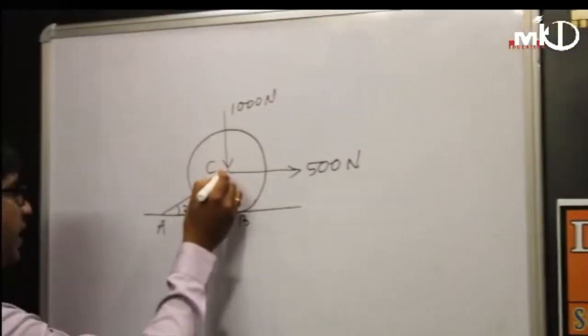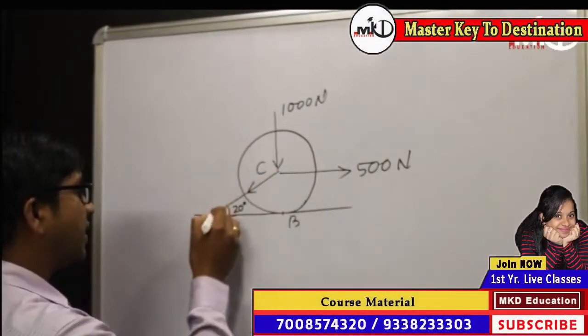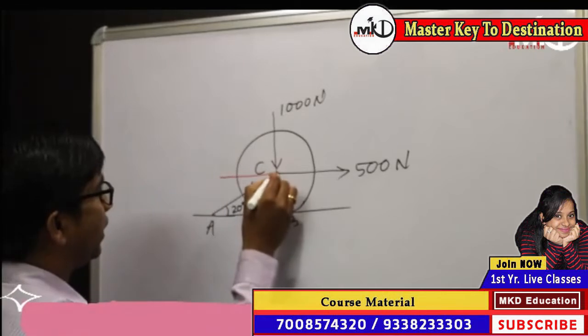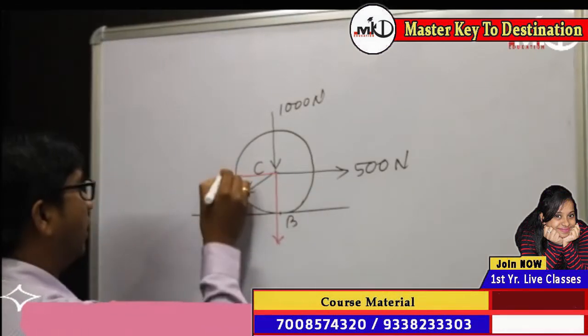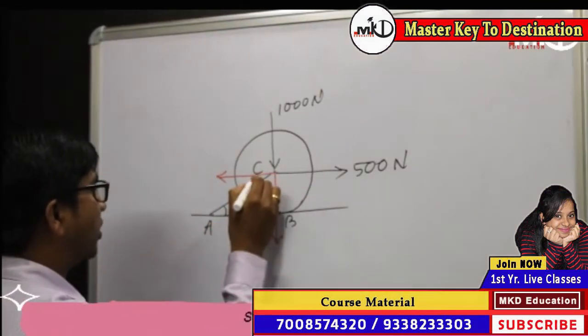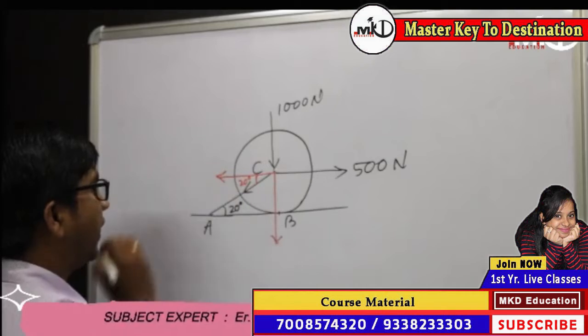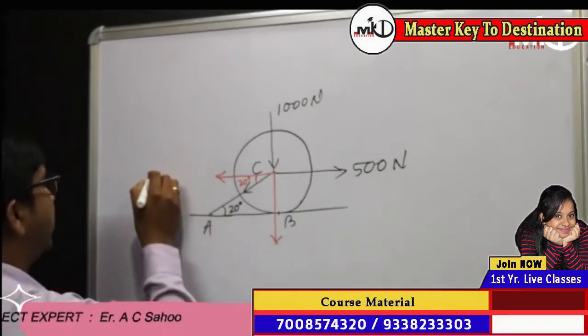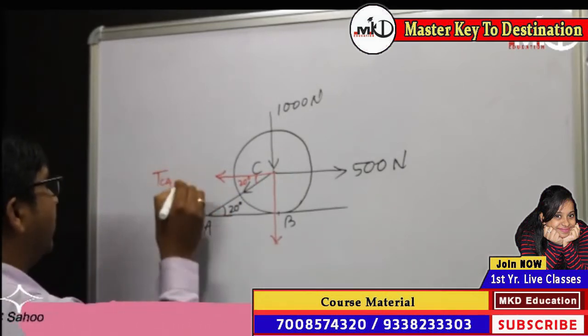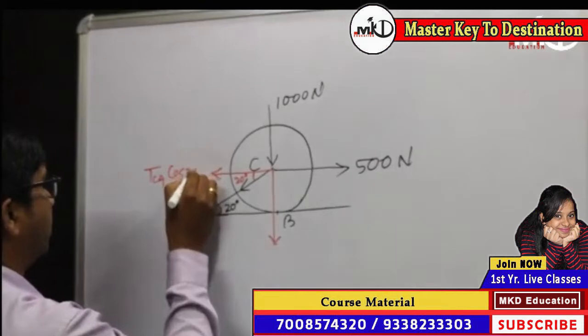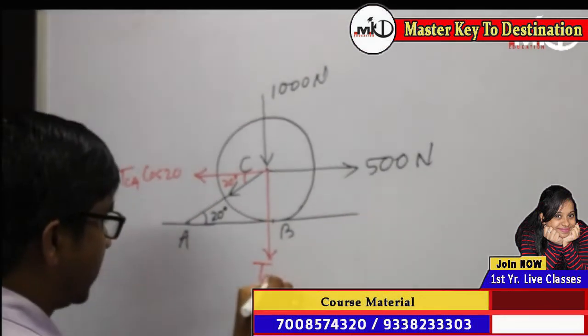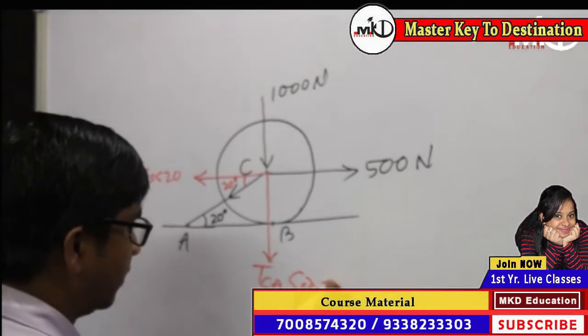Now this is TCA, it is acting along this direction, so the two components will be like this. As this is 20 degrees, obviously this will be 20 degrees, right? So this is TCA cos 20 and this is TCA sin 20, right?